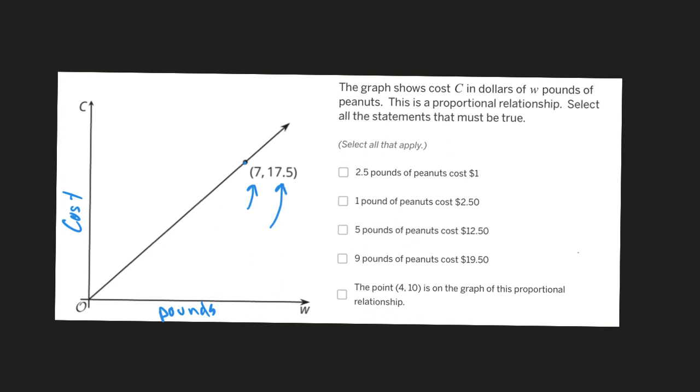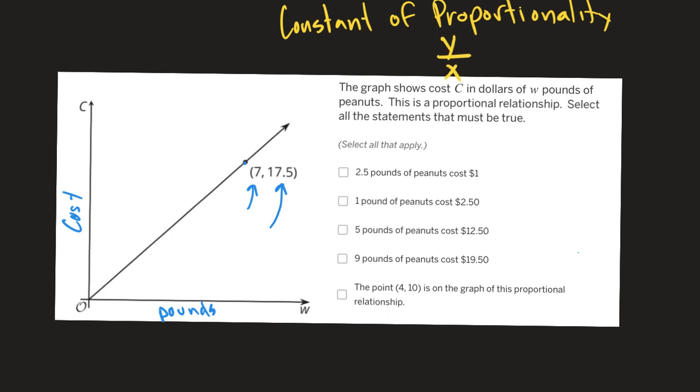One good place to start if you're not sure where to go is to find the constant of proportionality. One thing we've said a lot is that the constant of proportionality is just y divided by x.